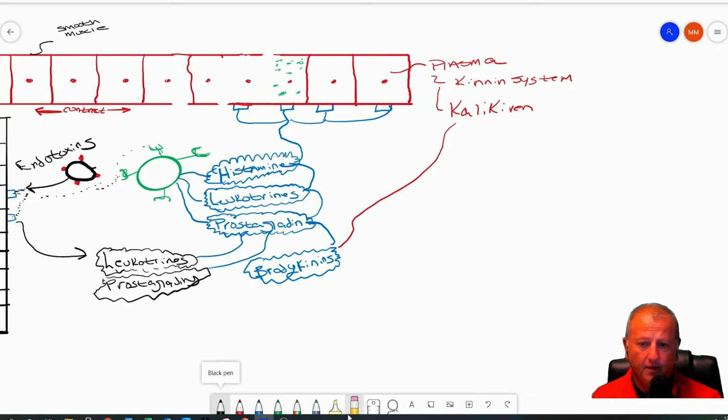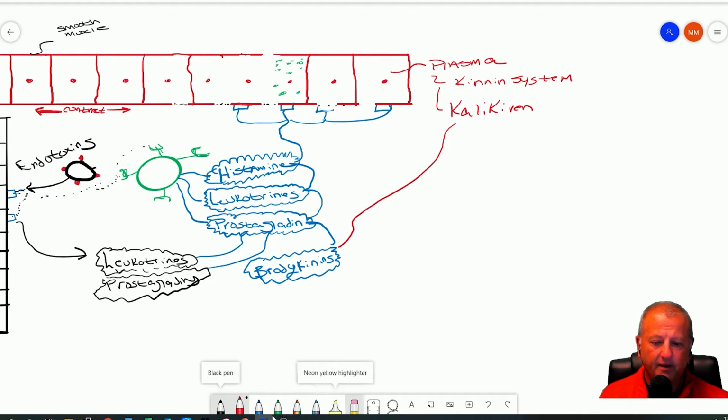Okay, so what's happening is these vessels are dilating, so they're becoming larger. Good thing or a bad thing? It's both, actually, believe it or not. It can be looked at both, bad and good.